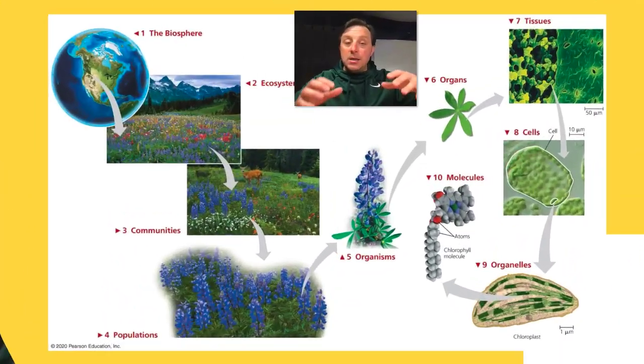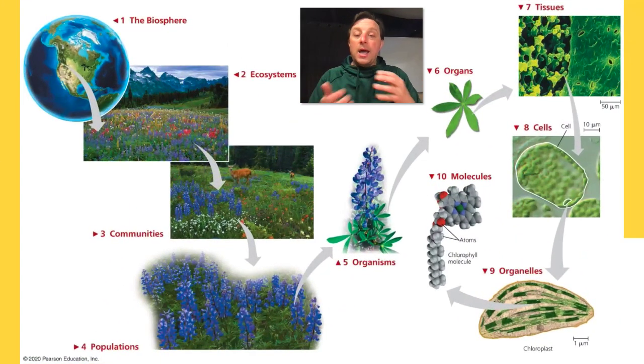And we see these emergent properties at every single level here of biological complexity. Right? So if you pick any of these, going up in complexity, they're going to have new properties. Right?